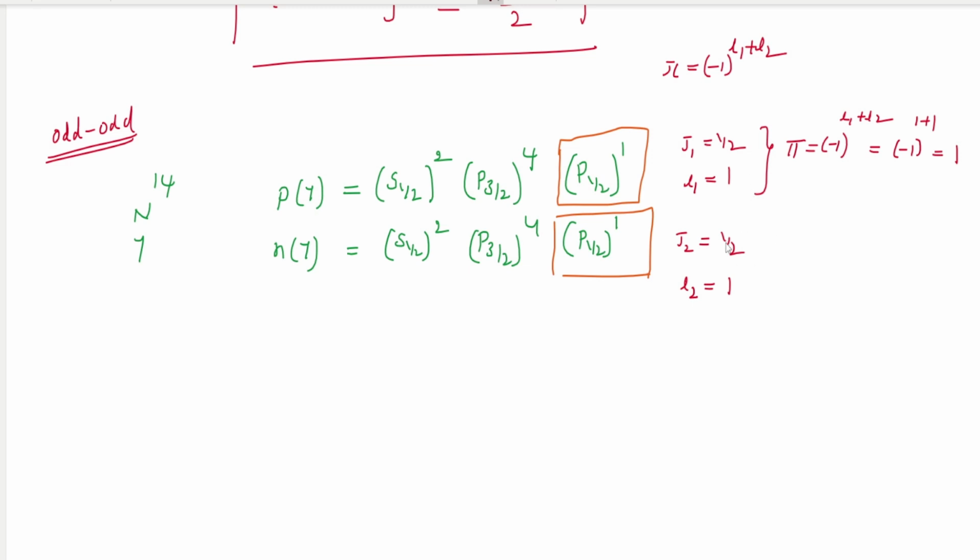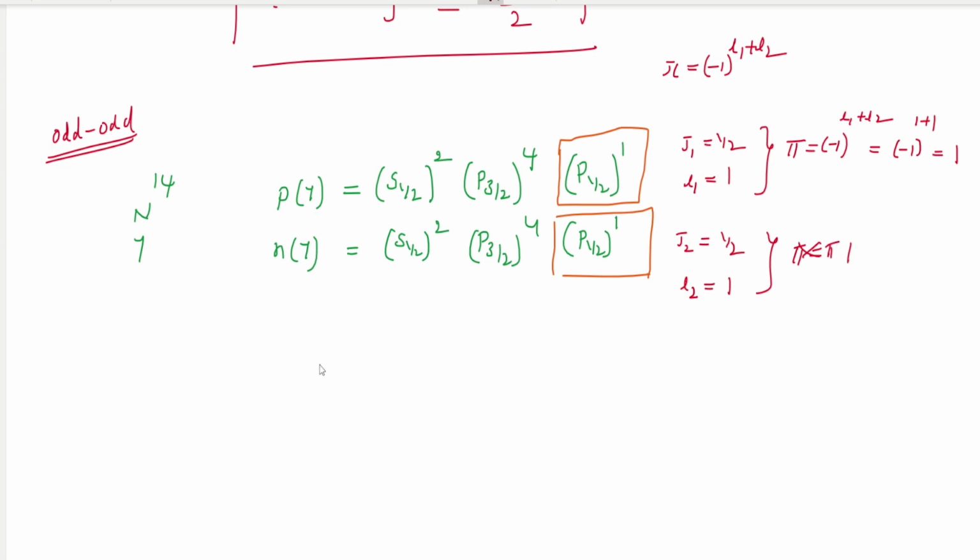So here also, if we try to add this pi, the same thing we can get, right? This is also 1 parity pi.